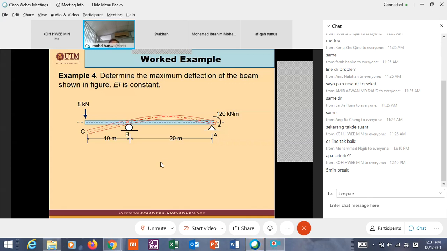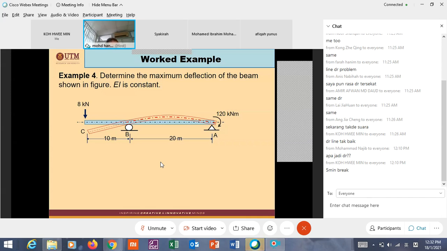And for beam deflection, we will have an assignment using the Macaulay method, the method that we are learning now. It is also already uploaded into e-learning, if I'm not mistaken. If not, I'll ask Dr. Yunus to upload the question.